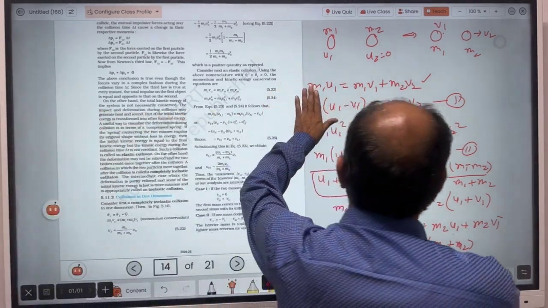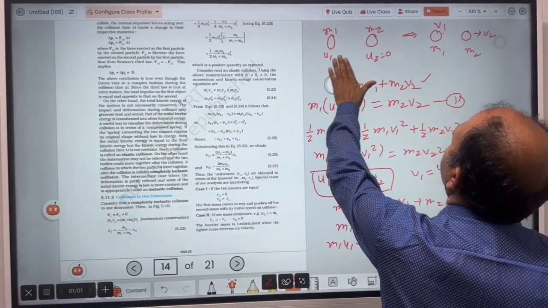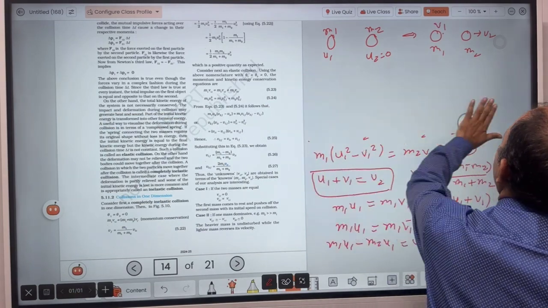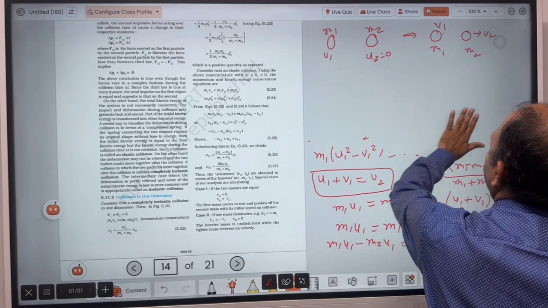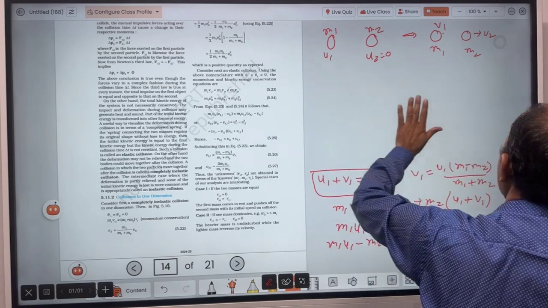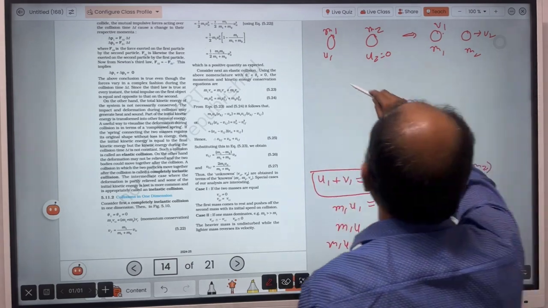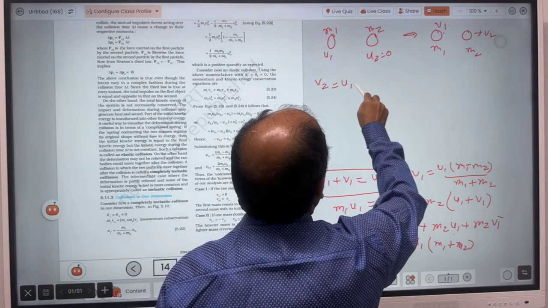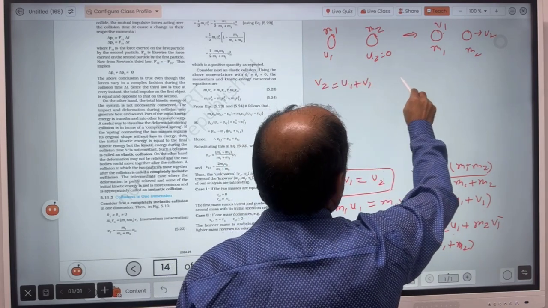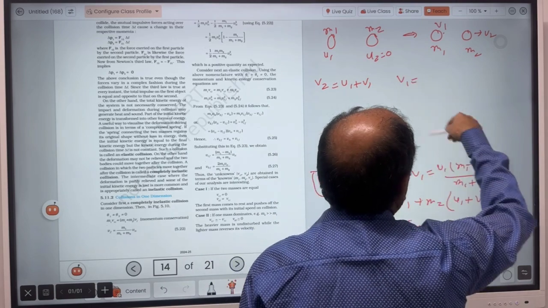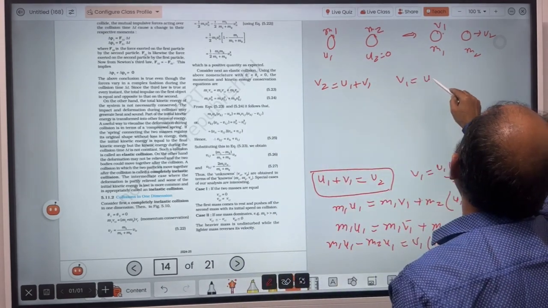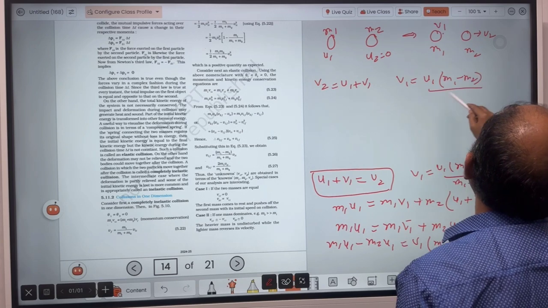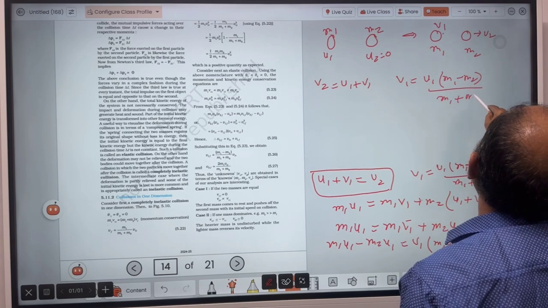Let's write them together and then we will try to interpret the various situations. So here we have v2 equal to u1 plus v1 and v1 equal to u1 times m1 minus m2 divided by m1 plus m2.